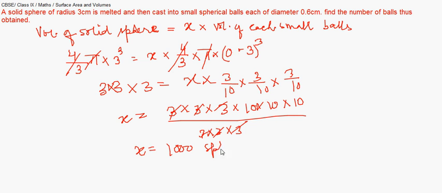So 1000 small spherical balls, the volume if added will be giving the equivalent volume to the solid sphere of radius 3 centimeter.